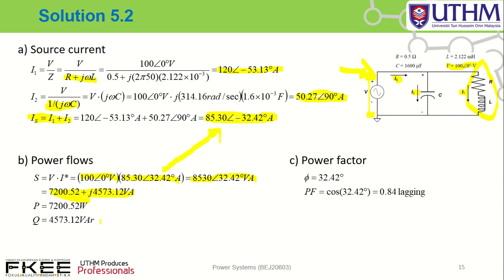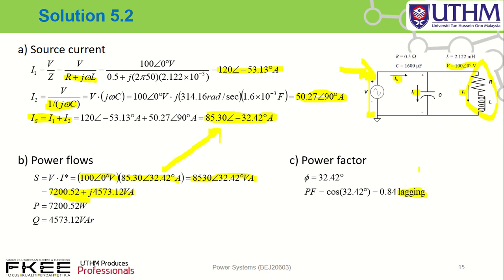So the last question, you need to determine the power factor seen from the source. Since our theta equal to 32.42 degrees, the power factor equal to cos theta equal to 0.84, lagging or leading. How to determine whether this is lagging?